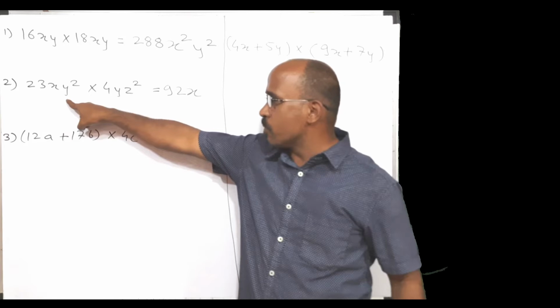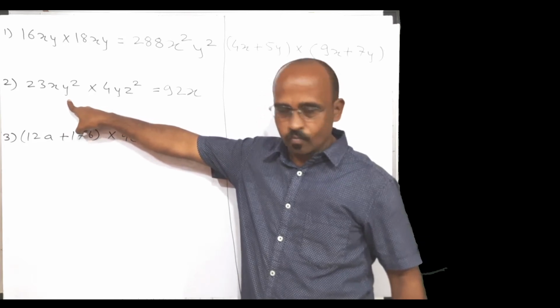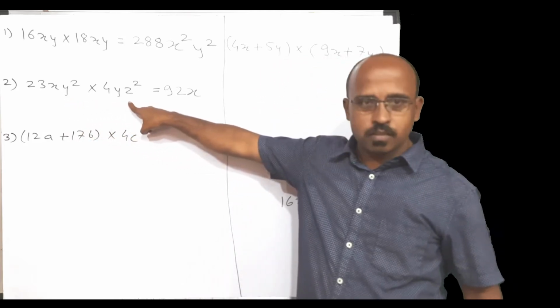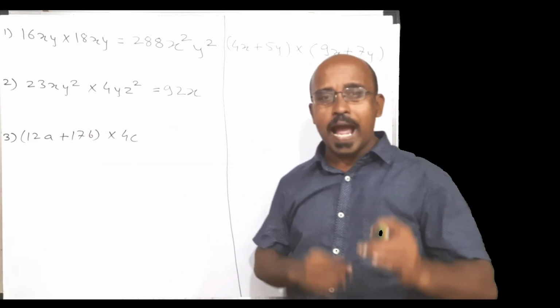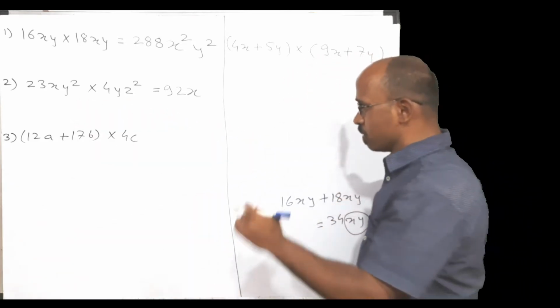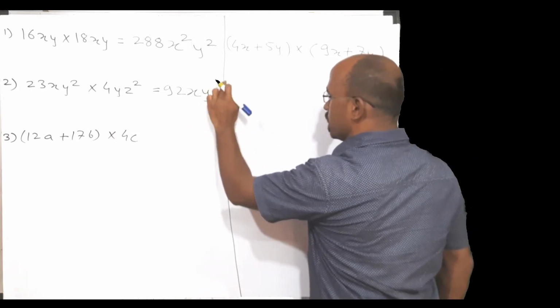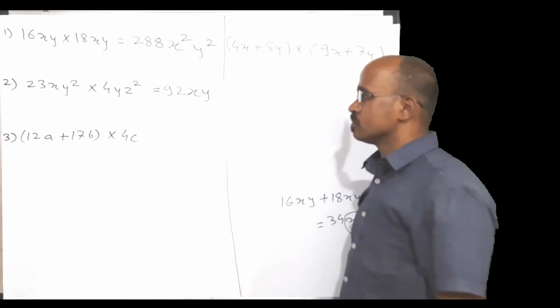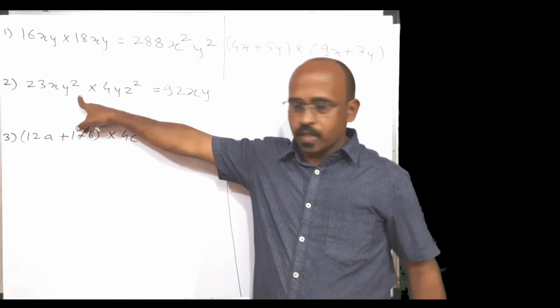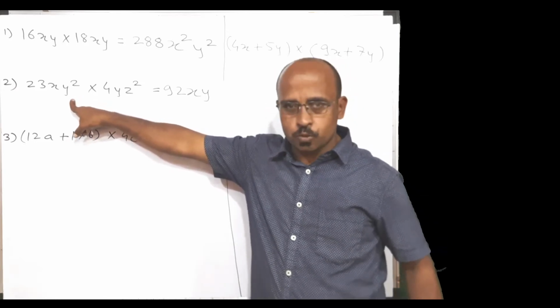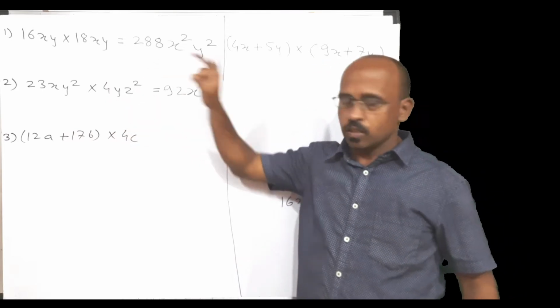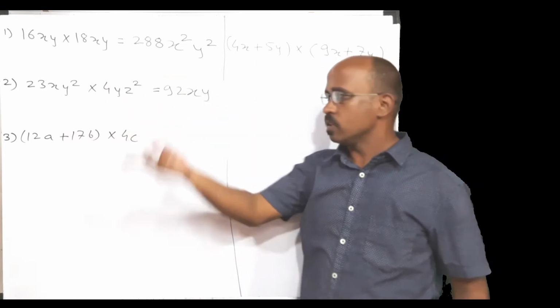Done. Next variable is y square. Is y present in the second term? Yes, here y is present. So what do we have to do? We have to add the indices of the same variable. So the new index of y will be the addition of indices. In the first term, the index is 2. In the second, the index is 1. So the new index will be 2 plus 1, 3.